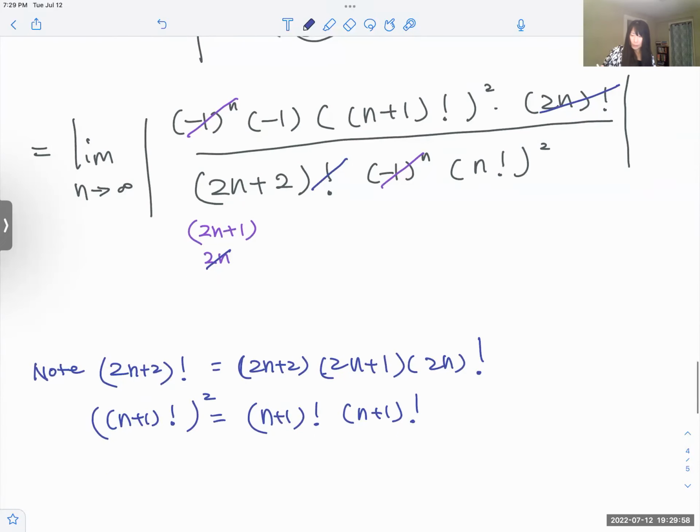And then we have n factorial squared, which means n factorial times n factorial, right?